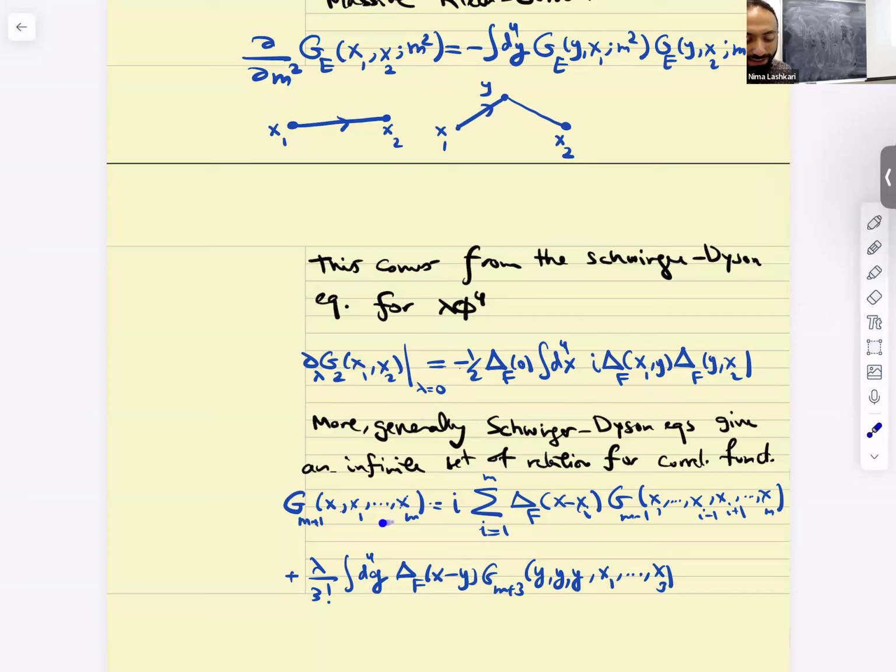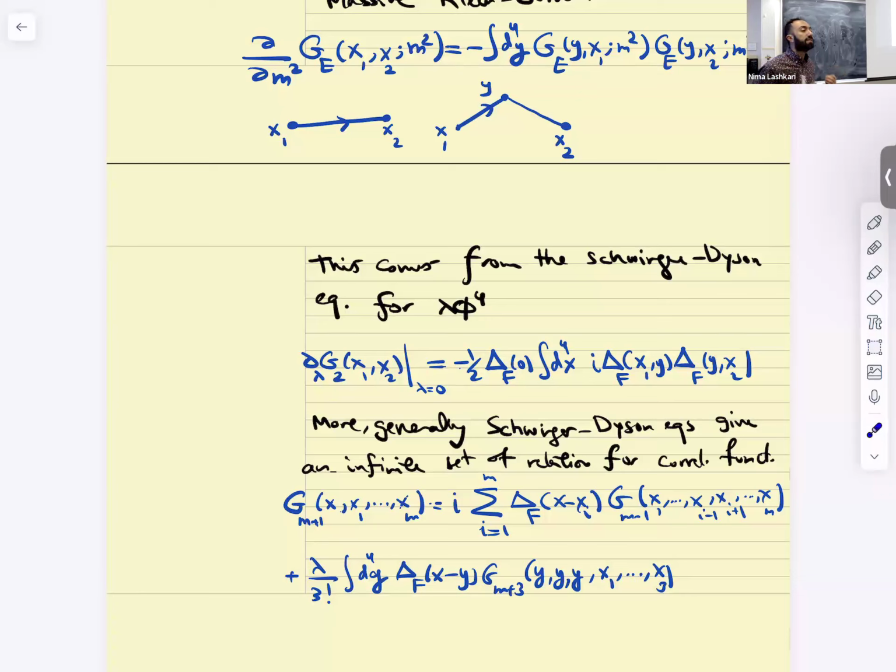More generally, the n-point functions could be written using the propagator and the n plus 1 point function, or as a propagator and lower point functions. Right? Or connecting lower point and higher point functions. We had this infinite set of related correlation functions. These were called the Schwinger-Dyson equations.